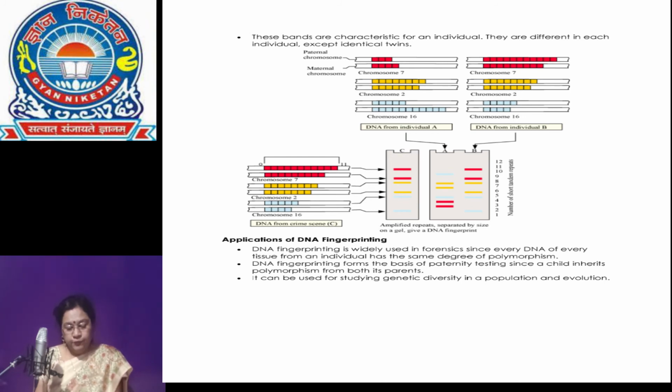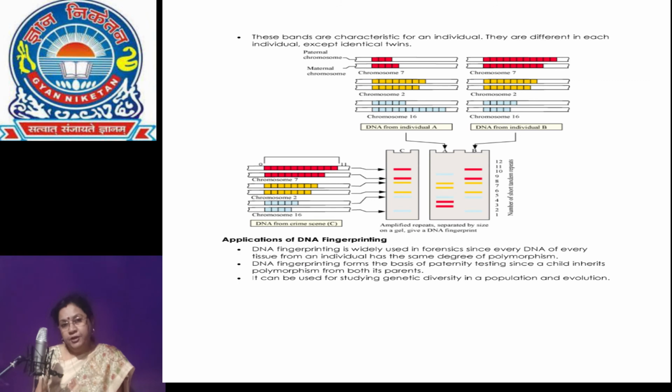It differs from individual to individual except in the case of identical twins, because identical twins are made from a single zygote. They are monozygotic twins. The single zygote divides during blastulation and then the two identical twins are formed. They have the same DNA structure.